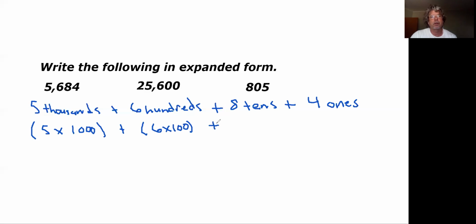Plus then, instead of saying 8 tens, we can just say 8 times 10, 8 tens. And instead of saying 4 ones, we can just simply say 4 times 1, because 4 times 1 means 4 ones. Those are equivalent. They mean the same thing.